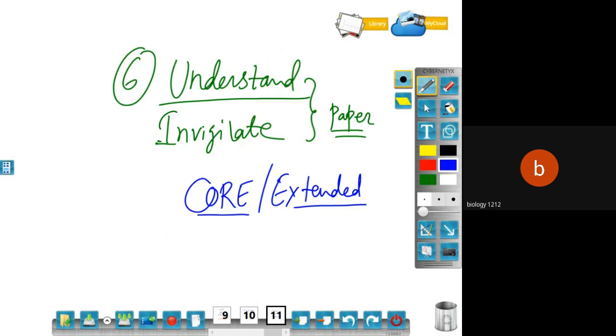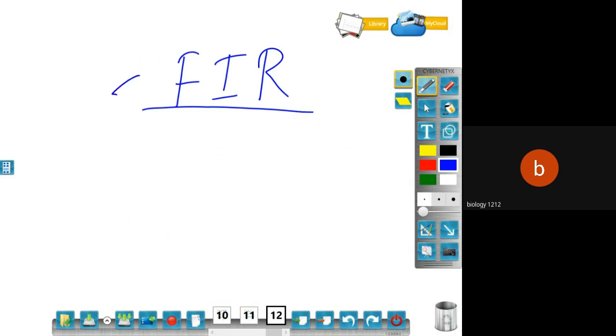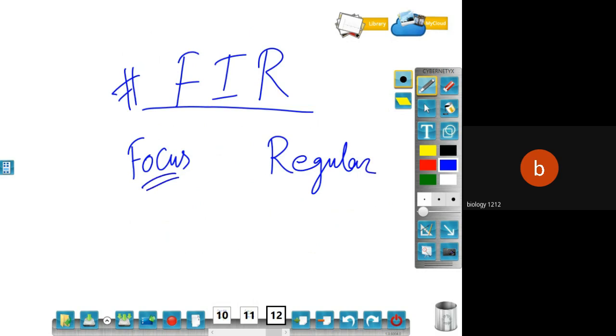Then, the last but not the least, what I have told you about the FIR, do you remember it? FIR. F stands for focus, be regular, R for regular, and I stands for, what can we make it here?